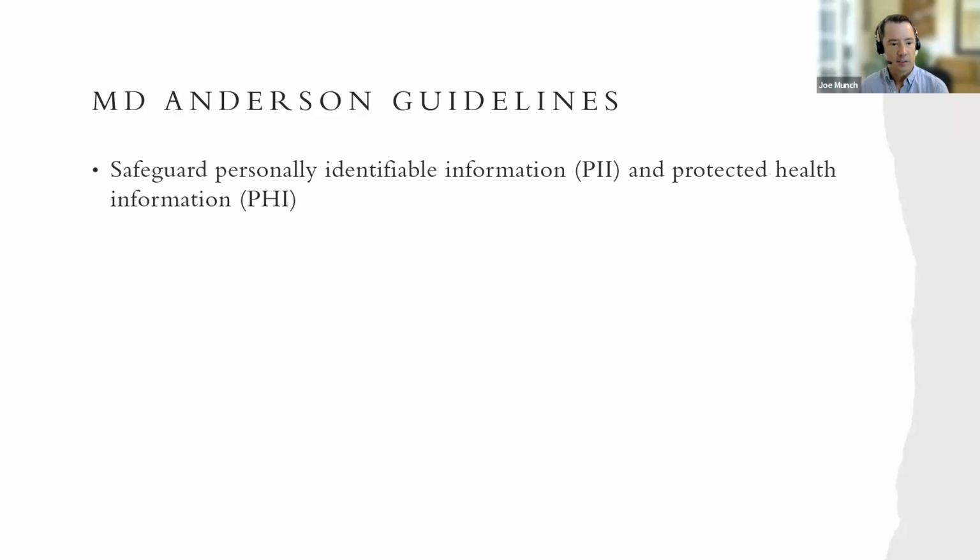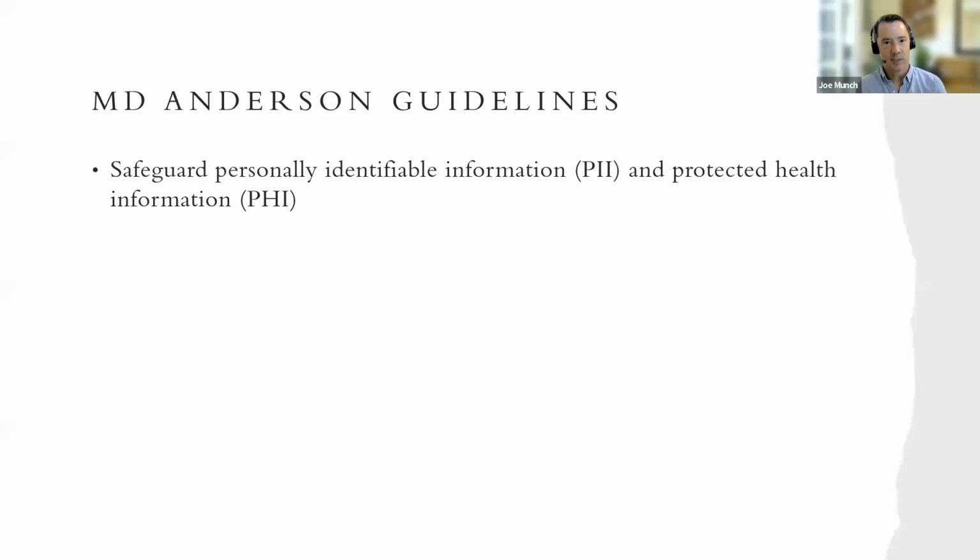First and foremost is that you must safeguard, as you would in any circumstance, personally identifiable information and PHI. Because tools like ChatGPT take whatever information you give it and retain it to further train that tool, to refine that tool's ability to produce text, it will keep PHI.